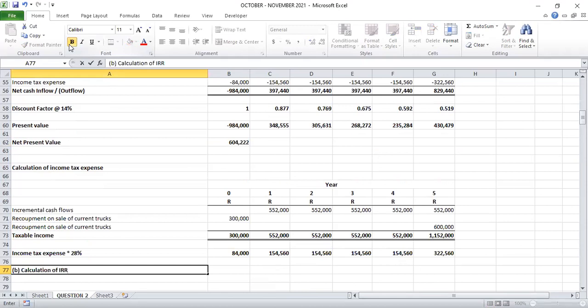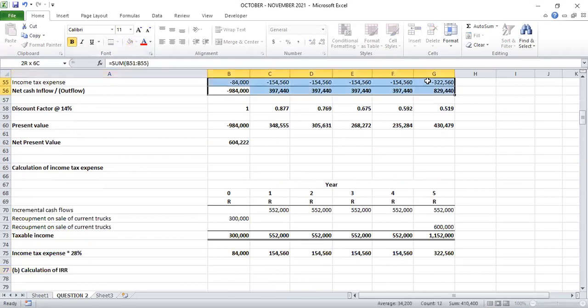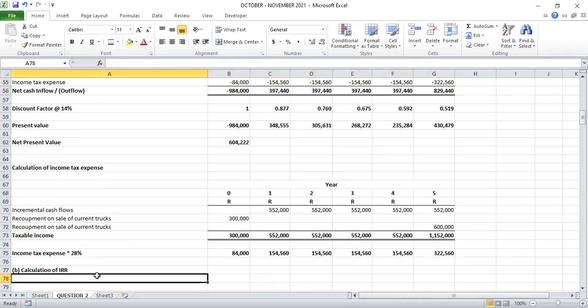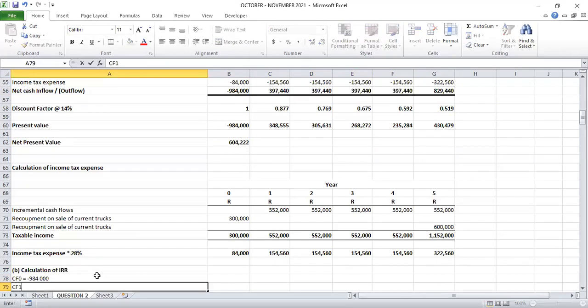When you're calculating the IRR, I use these undiscounted cash flows, before you discounted these net cash flows. So your input would be cash flow 0 is equal to negative 984,000. Cash flow 1 to 4 is equal to 397,440.